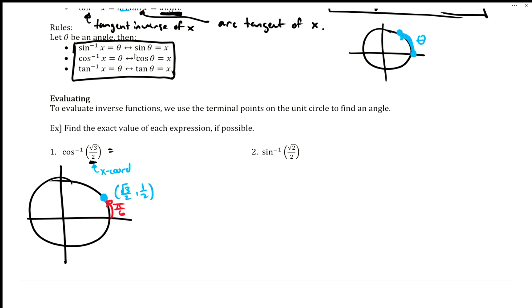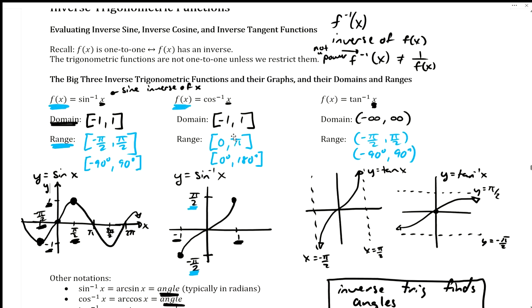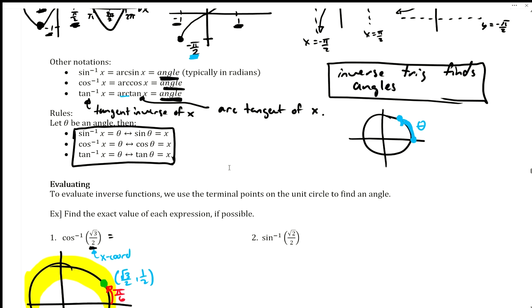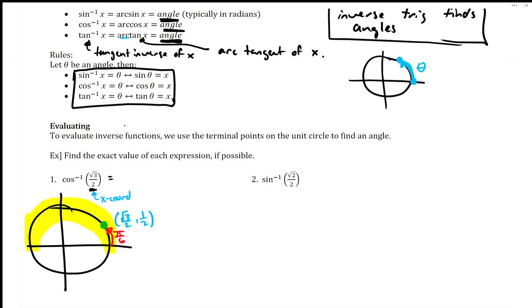So cosine inverse, going back to our domain and range of cosine inverse, it has to be between 0 and pi. So cosine inverse somewhere where it's highlighted between 0 and pi. That's the only positive x coordinate between 0 and pi.